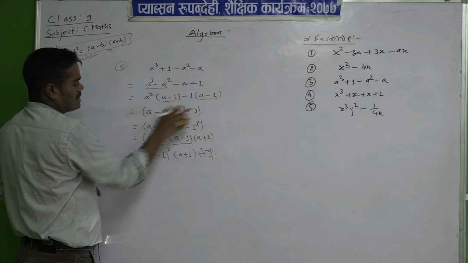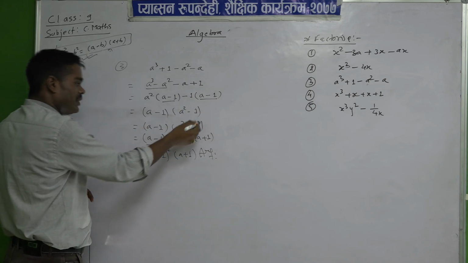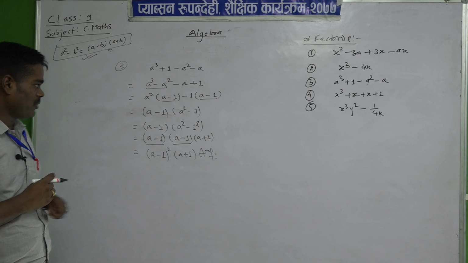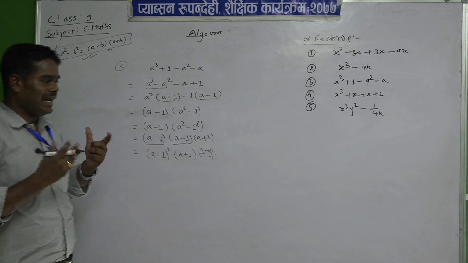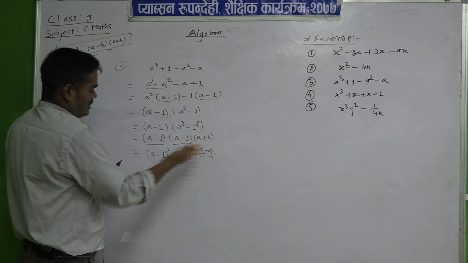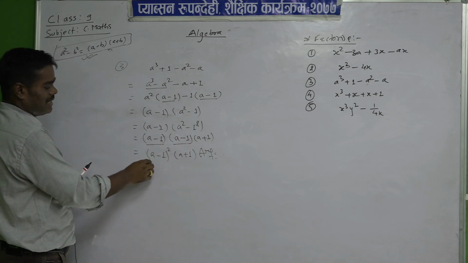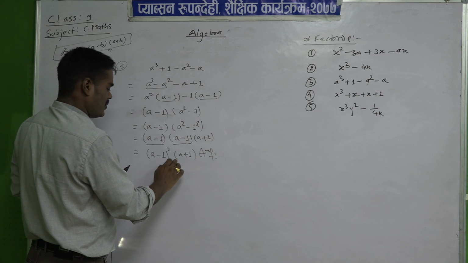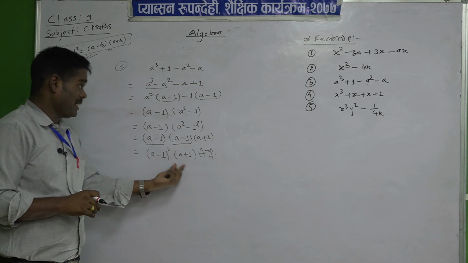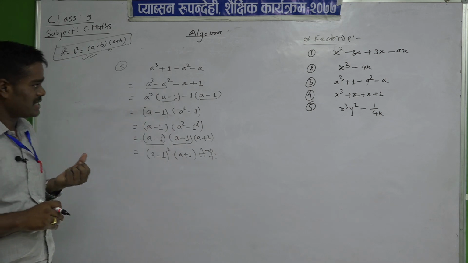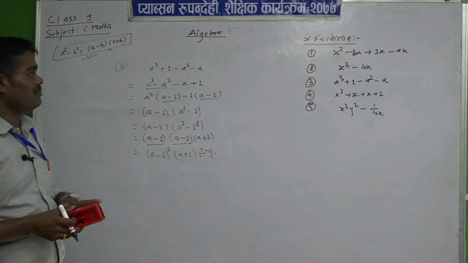Again taking the common bracket, what is left in the other bracket is a square minus 1, and then we can use the formula a square minus b square. We can write 1 in square form. So a minus b, a plus b, and here a minus 1 comes twice. So we can write a minus 1 whole square into a plus 1. This is the solution, and these are the factors of this expression. Understand? Any confusion? Then we move toward question number 4.